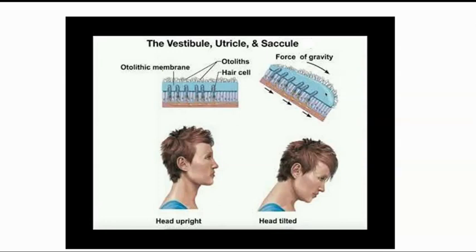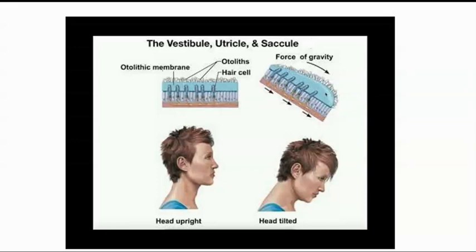The semicircular canals and the otolith organ are innervated by the vestibular branch of the eighth cranial nerve, and it is concerned with equilibrium, that is, maintenance of balance of the body and posture. The vestibular branch of the auditory nerve carries these impulses to the brain.